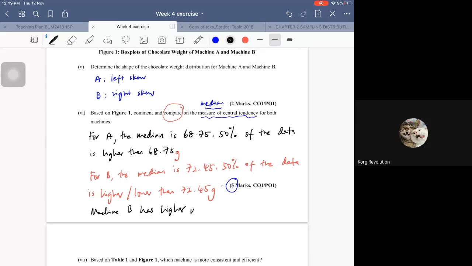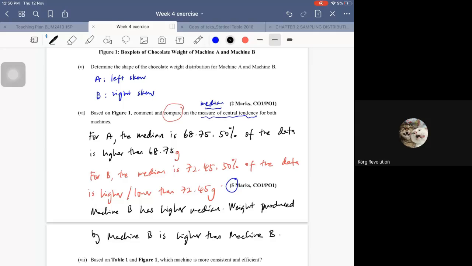So what does that tell you if machine B has a higher median? It's telling you that the weight produced by machine B is higher than machine A. That is in terms of the interpretation. And as I mentioned to you before, interpretation is very subjective.